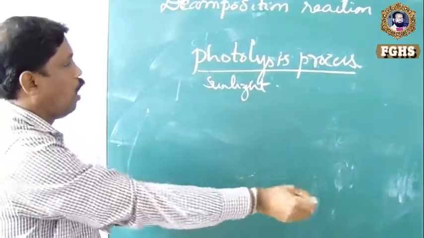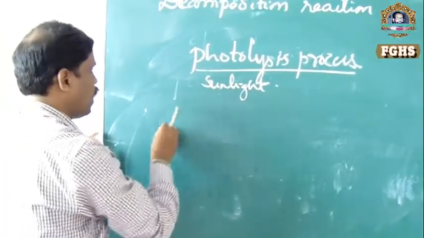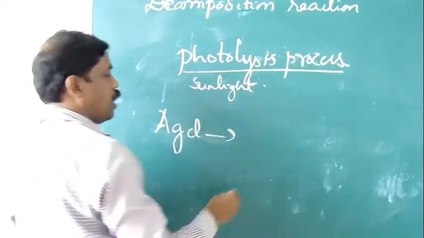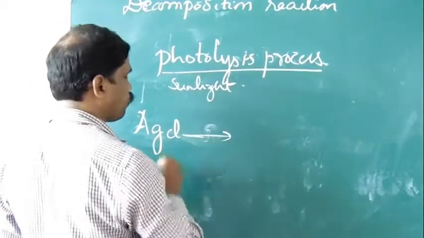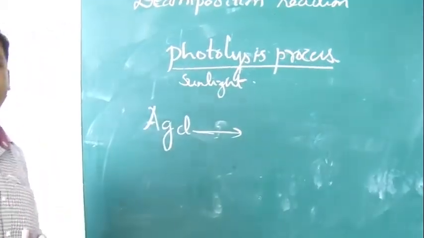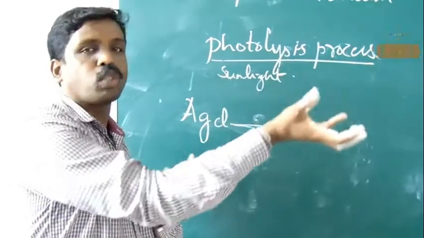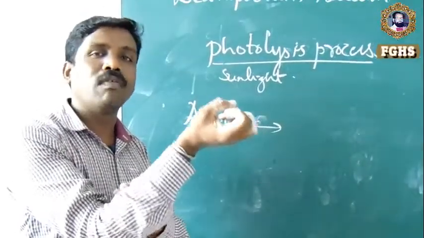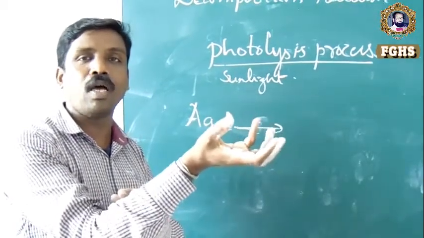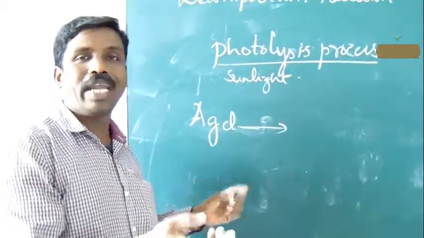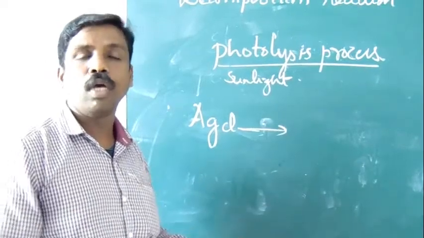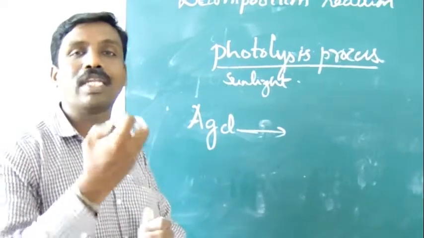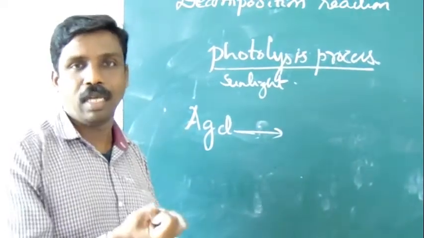Now, how can we understand this? Let me write an equation. When AgCl gets decomposed. AgCl is a white powder. When it is exposed to sunlight, it gives a grey color. Why does it give a grey color? Because silver chloride gets decomposed into silver and chlorine.